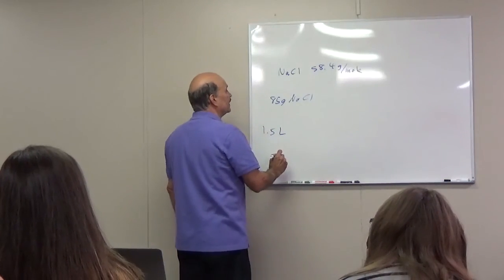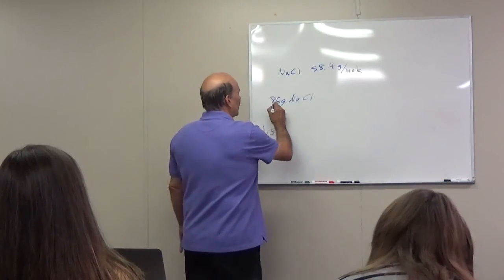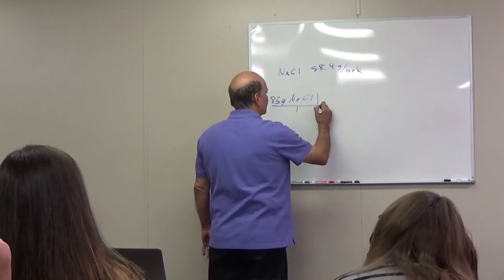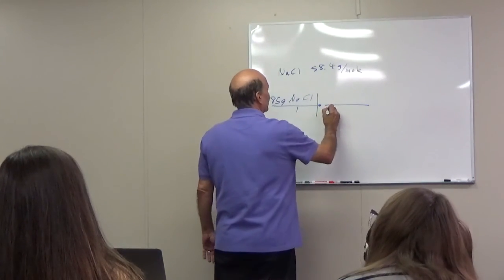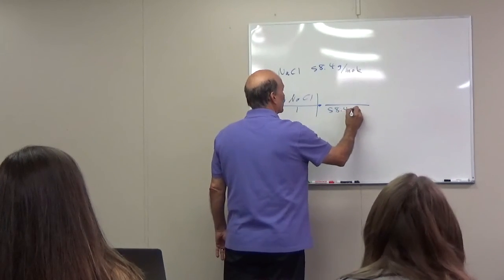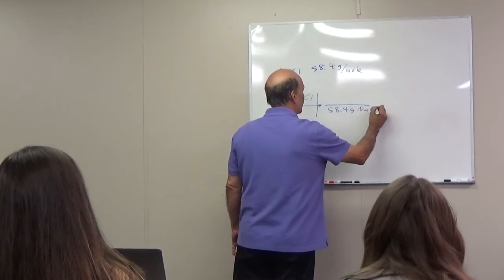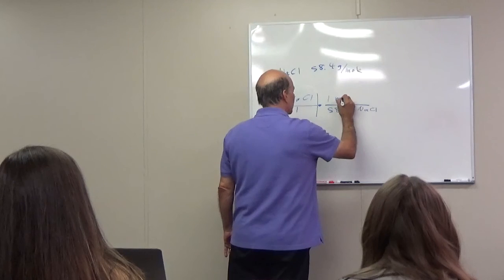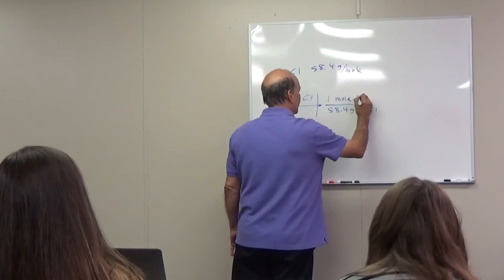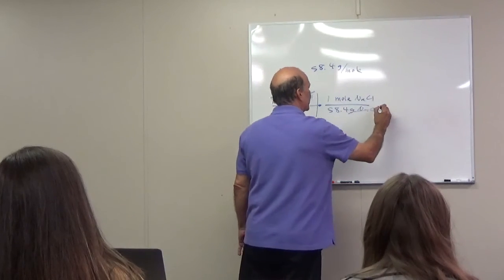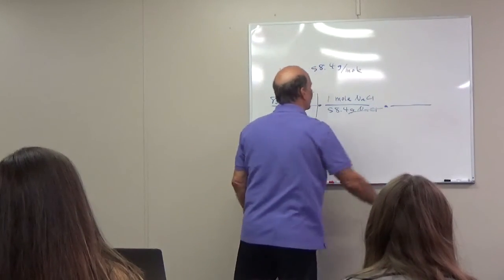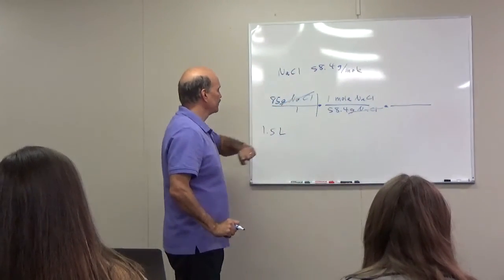You start with 85 grams, and then multiply by 1 mole of sodium chloride per 58.4 grams of sodium chloride. So then the grams of sodium chloride cancel, and now you've got moles of sodium chloride.